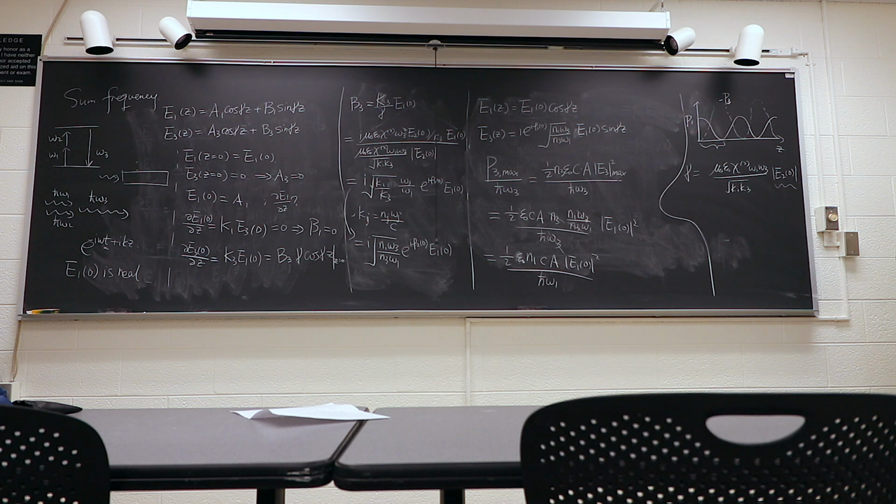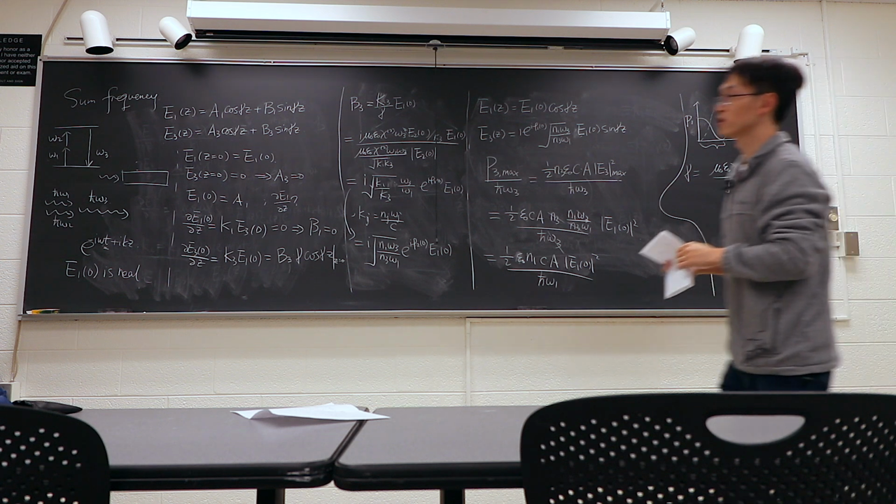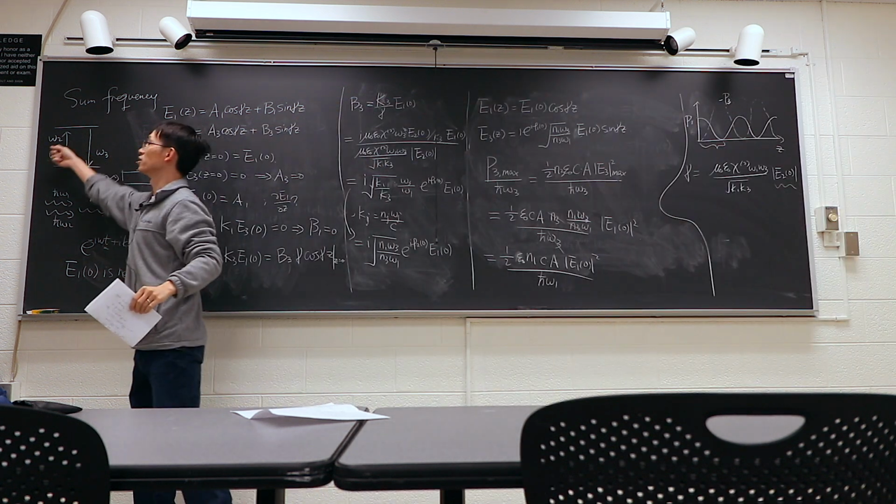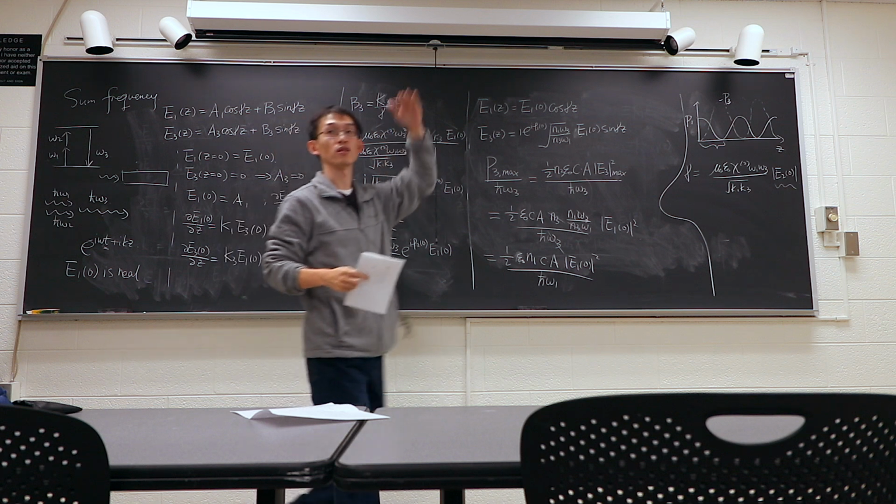Yes. But didn't we start with the assumption that the magnitude of E2 is much larger than E1? Yeah. So if your E2 is similar to E1, you have to recalculate everything. But you can imagine that happening. If you give a little bit of energy from E2 to E1, your P3 can go a little bit higher.